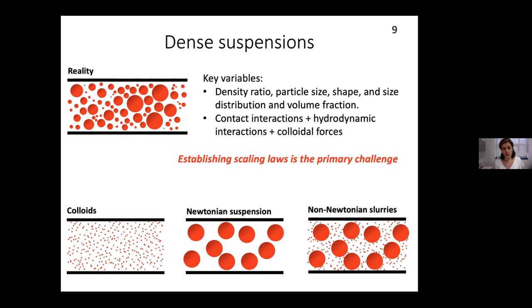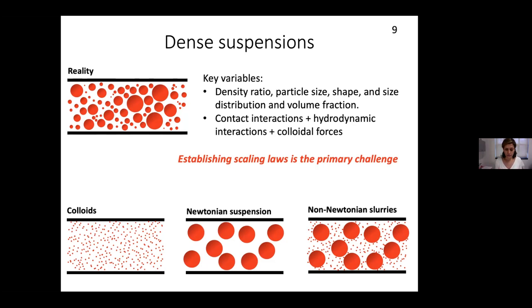And of course, we have polydispersity size distribution, and they have the solid volume fraction that might change. And also, if you think about the forces that are involved here, we have contact interactions between the particles. We have hydrodynamic interactions between the viscous liquid and particles, and we have colloidal forces on the surface of the particles.